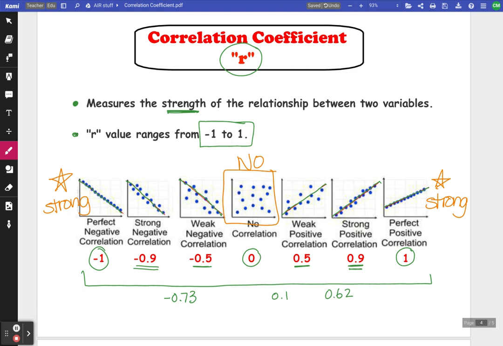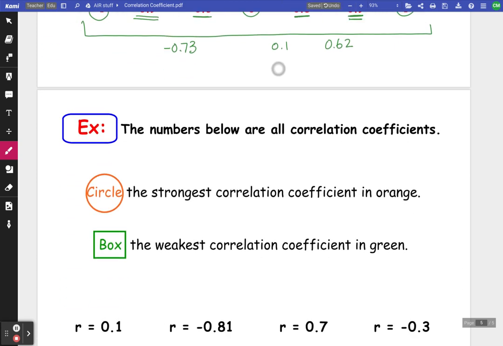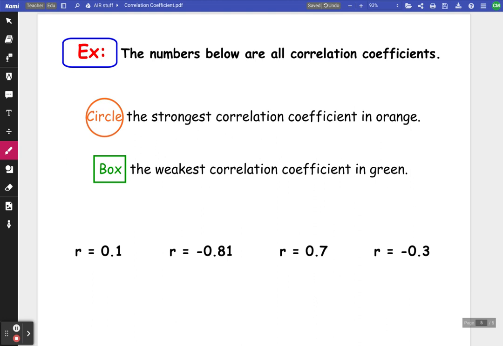And if I'm starting with no correlation here, as I go this direction, it's weak here and it gets strongest out towards 1. And likewise to the left, it is weakest in here close to 0 and it's getting stronger out here closer to negative 1.